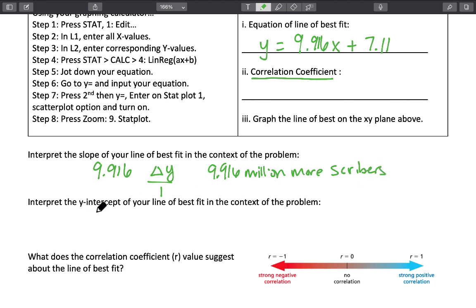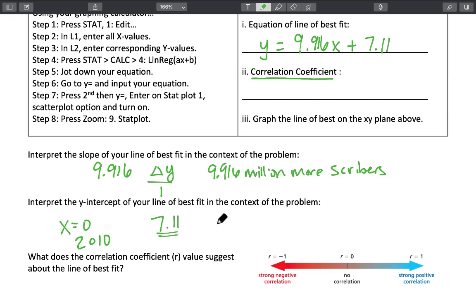Next, it says interpret the y-intercept of the line of best fit in the context of the problem, and our y-intercept was 7.11. And that was when x was equal to 0. Now, when x is equal to 0, this was the year 2010.